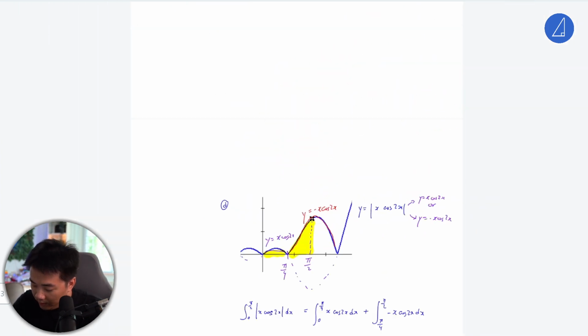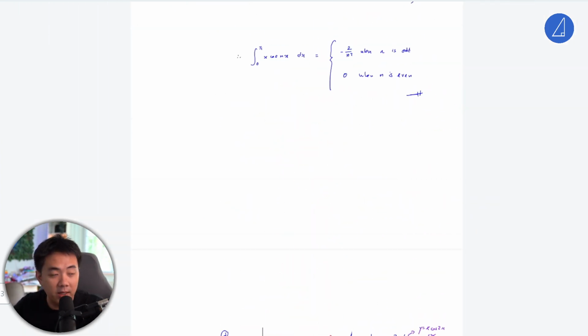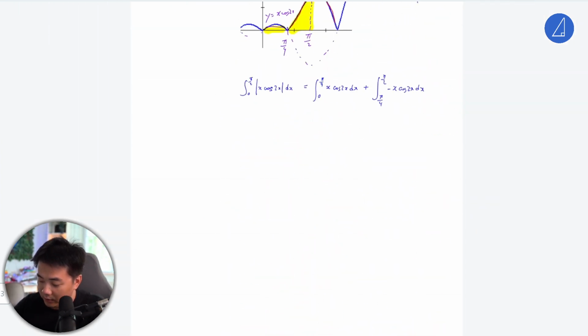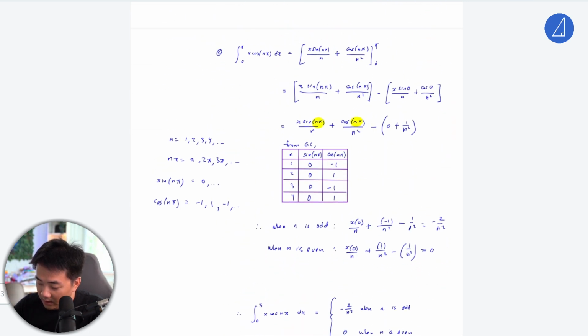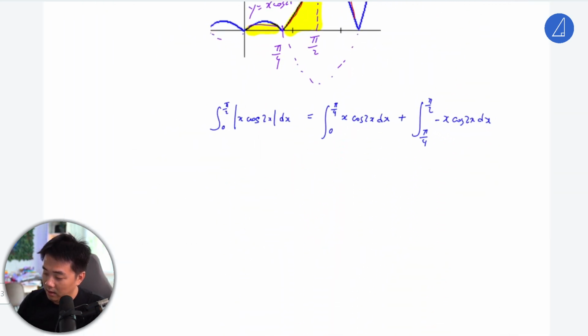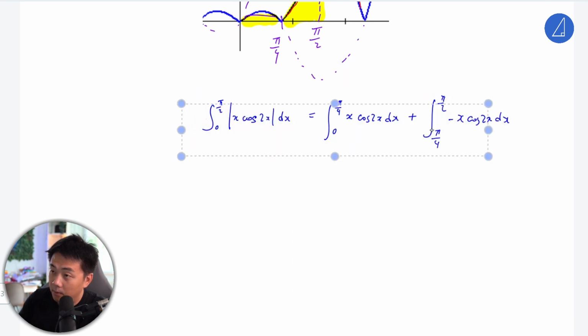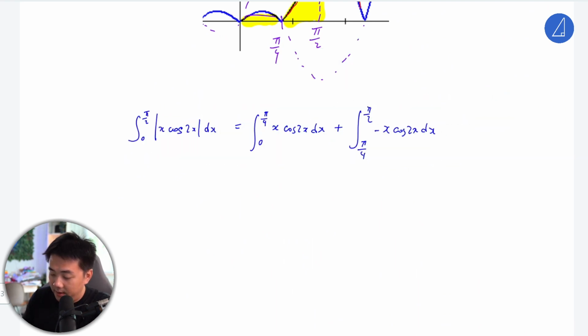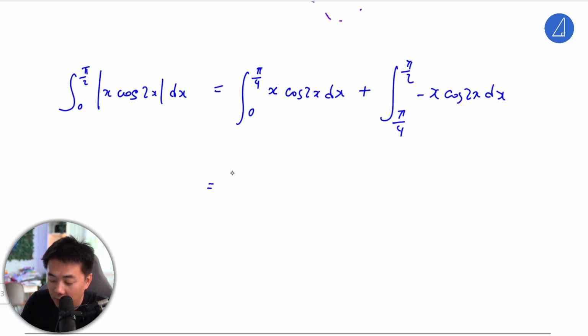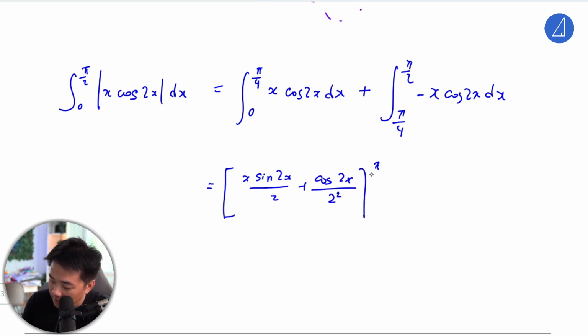So actually we can't really use this pi now, because this pi is useless. This is 0 to pi over 2. And so we can use b again. So I'm going to use the integral for b. Just put it in. What we have is this guy from b: x sine, the n is 2 now, so sine 2x over 2, plus cosine 2x over 2 squared, which is 4, from 0 to pi over 4.